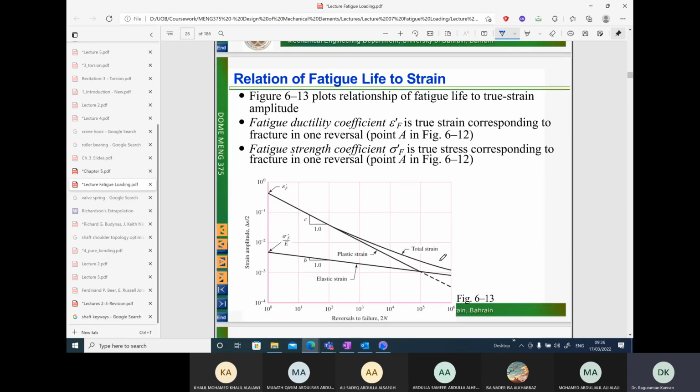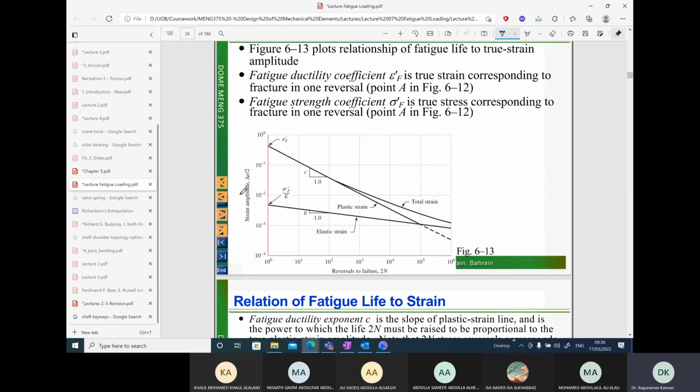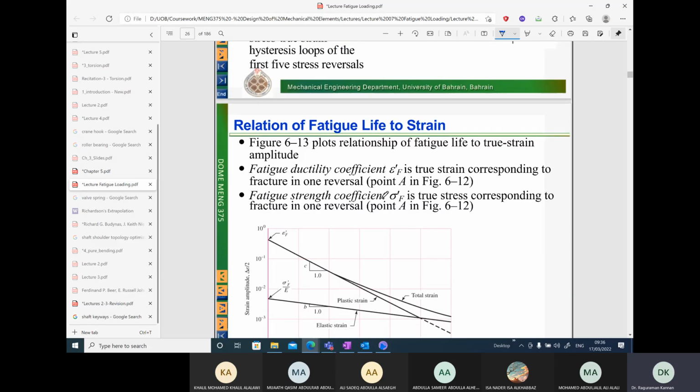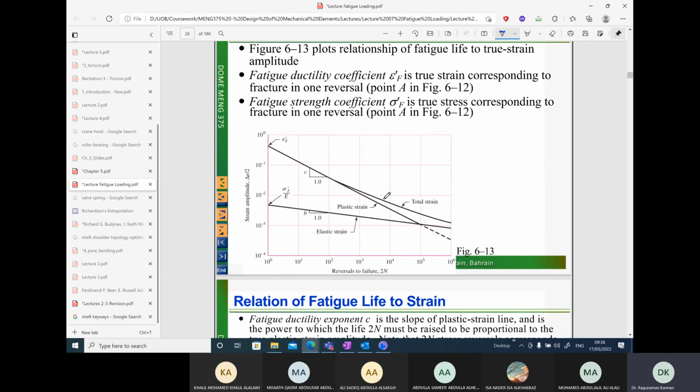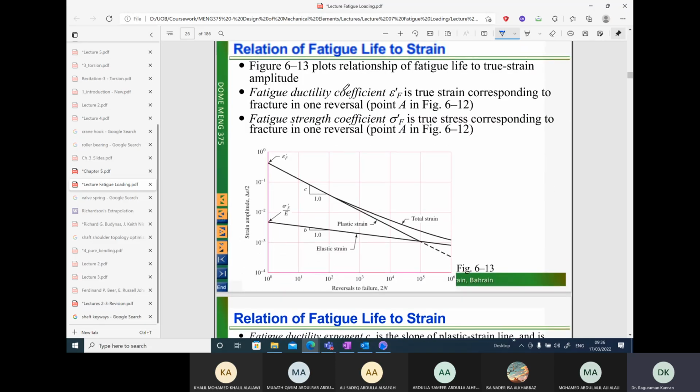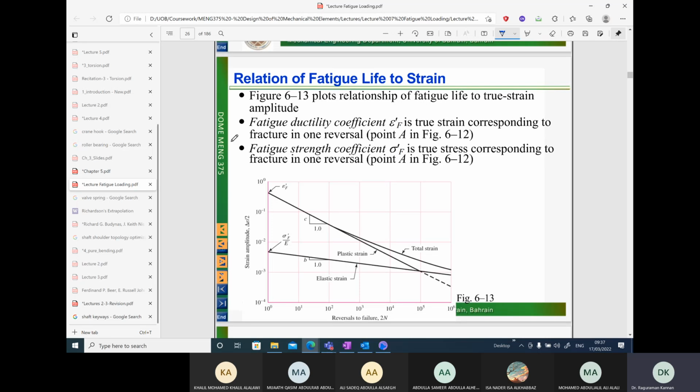Okay, and therefore in the strain amplitude versus number of cycles to failure, we can also split it into elastic strain and plastic strain, and when you add them together you get the total strain curve. Okay, so in this curve there are a couple of constants we need to go through.